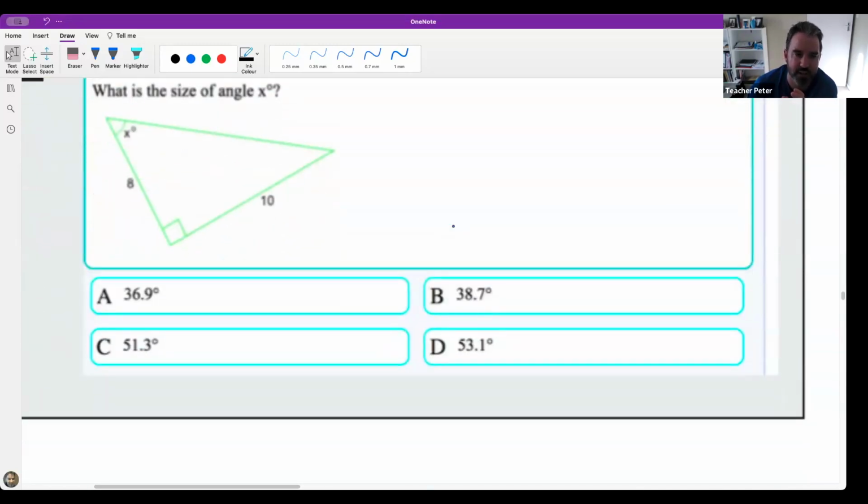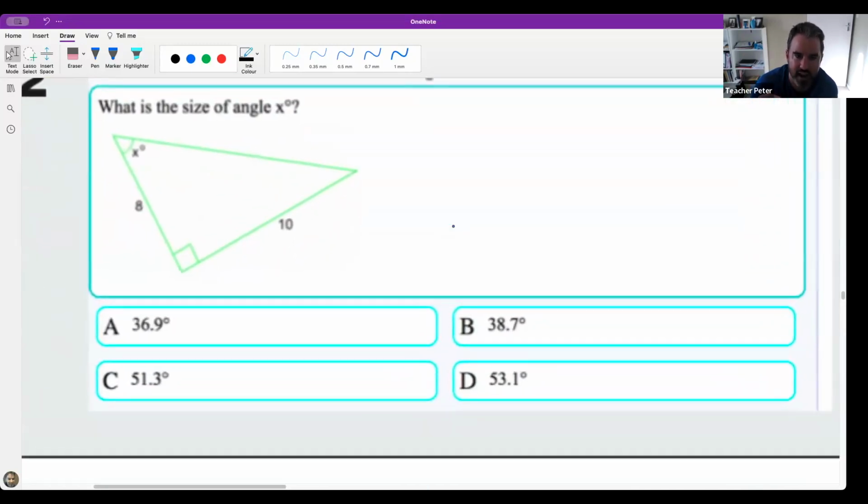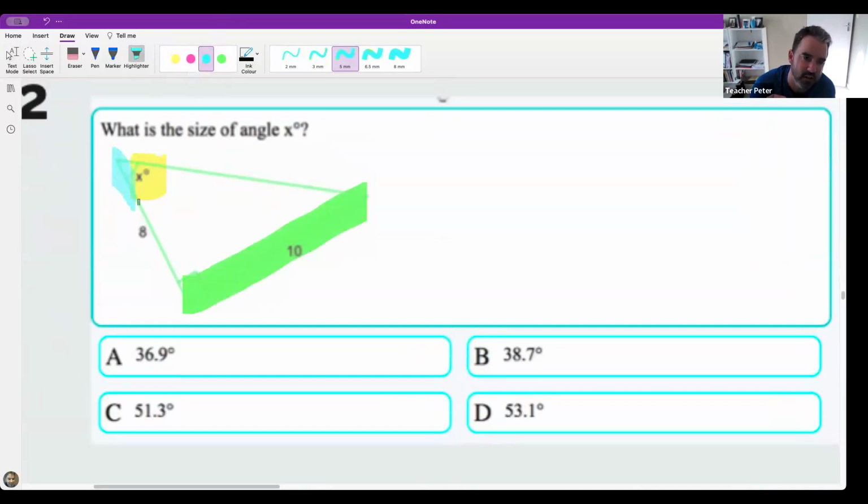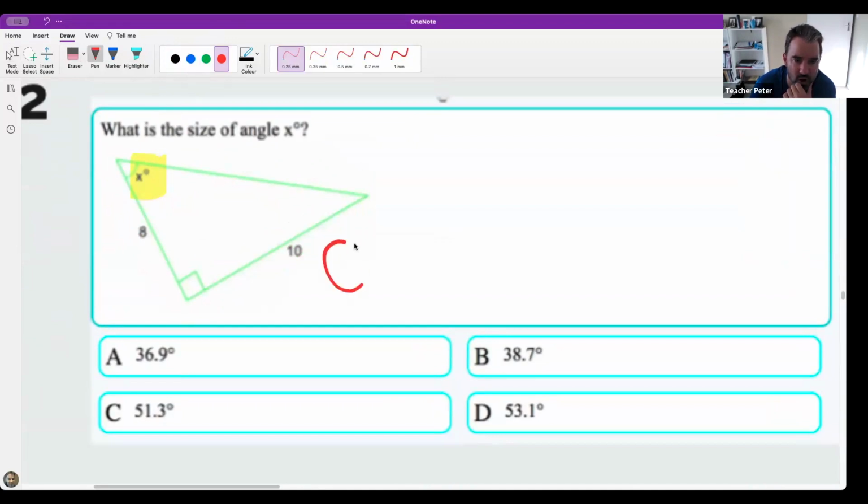Can you find me the size of angle X over here? Now it's a bit blurry. Sorry, guys and girls. It's hiding up here. There's angle X. You're given 10 and you're given 8. So this is O, this is A, this is H. What is the size of this angle over here?